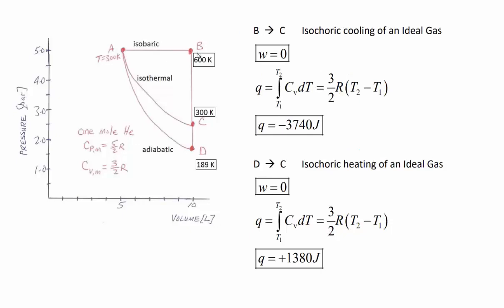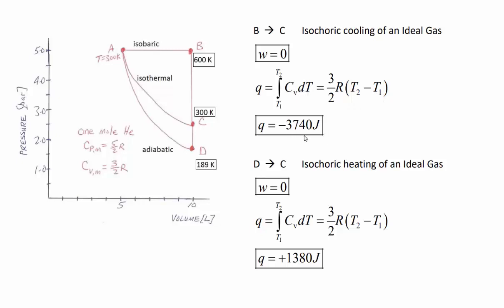Now for the processes remaining, the B to C and the D to C, these are both isochoric, meaning constant volume. And so the work would be 0 for both of those. And we can get the heat by simply integrating the constant volume heat capacity over the temperature integral.